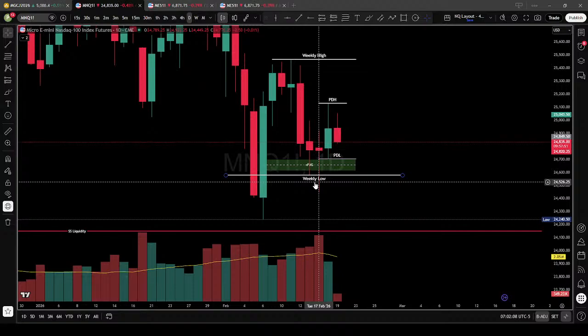Closing, daily candle close, 15 points higher than Tuesday's high.